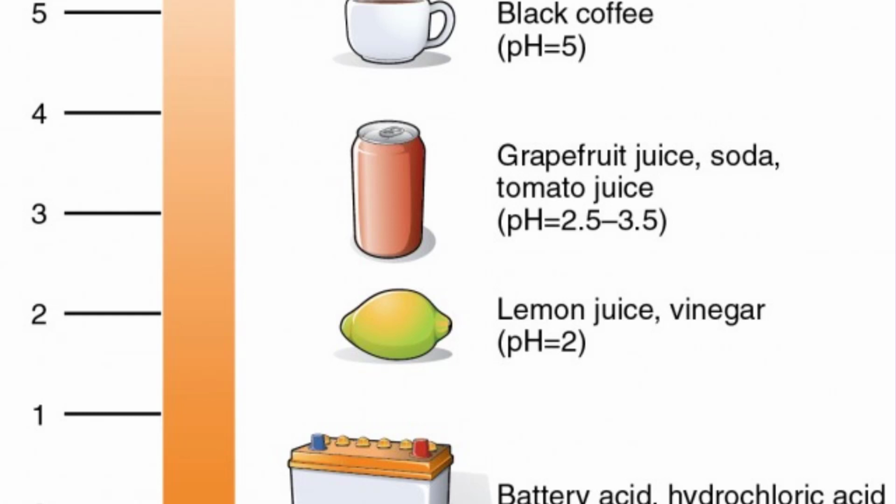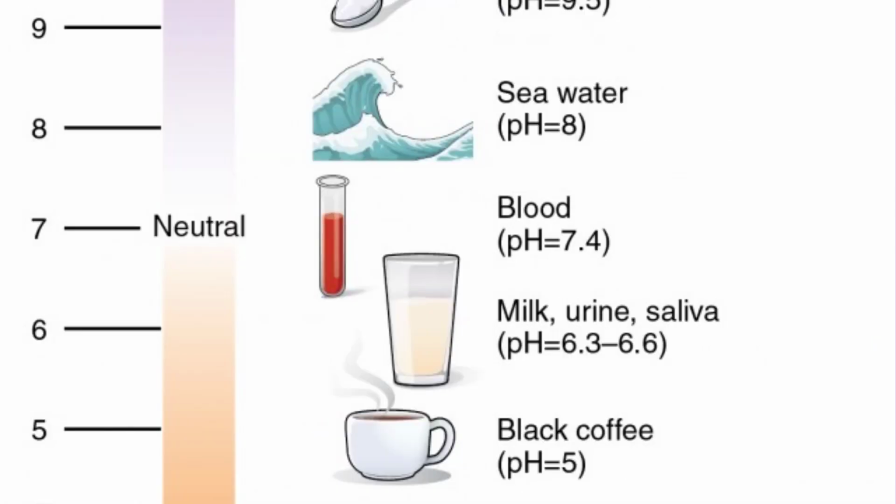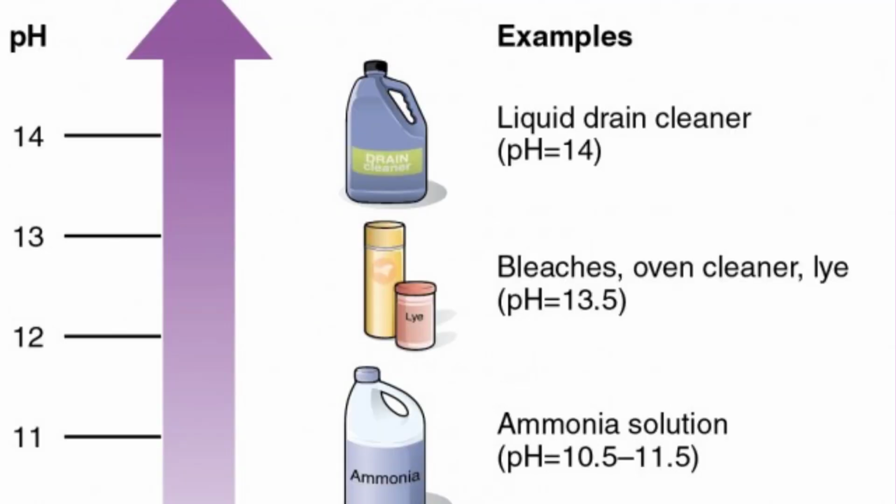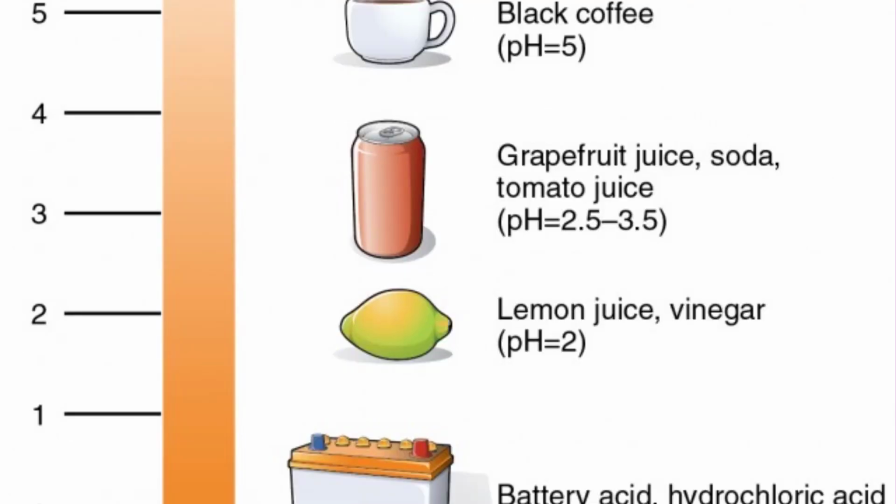The higher the number above 7, the more basic or alkaline the solution, or the lower the concentration of hydrogen ions. Human urine, for example, is 10 times more acidic than pure water.